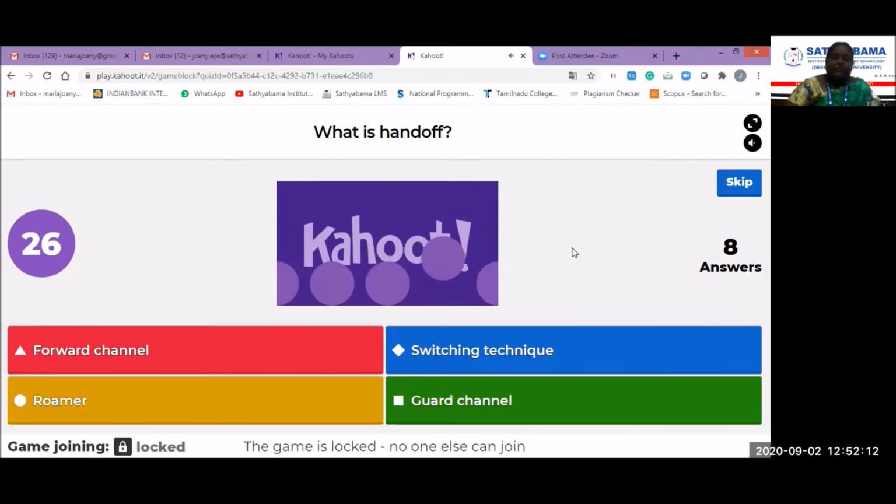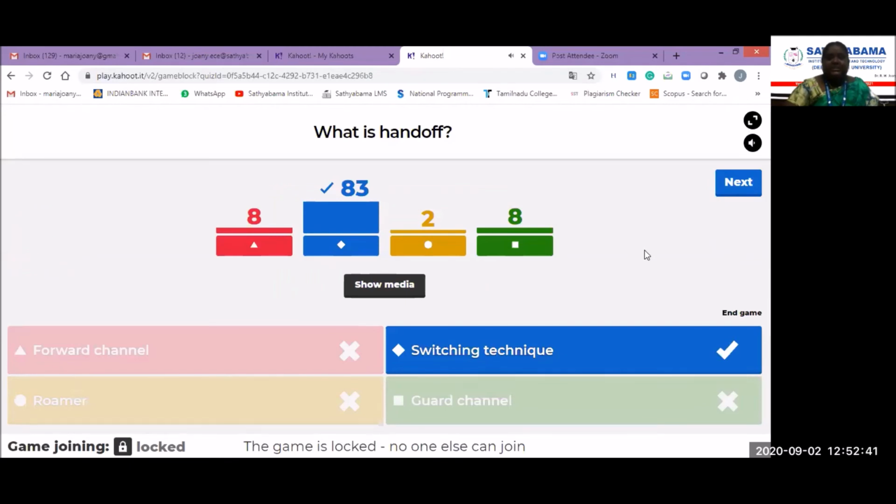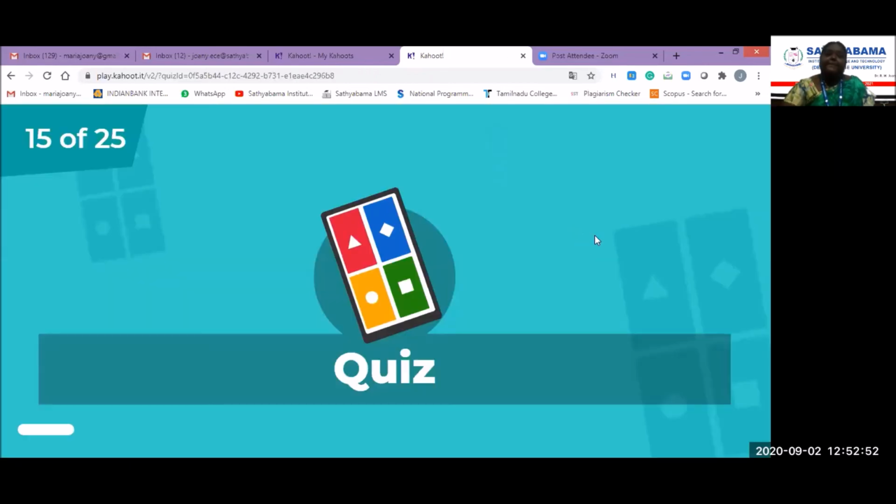Whether it is a forward channel, a switching technique, roaming or a guard channel. It is going to be the switching technique. It is switching from the weaker cell to the stronger cell.